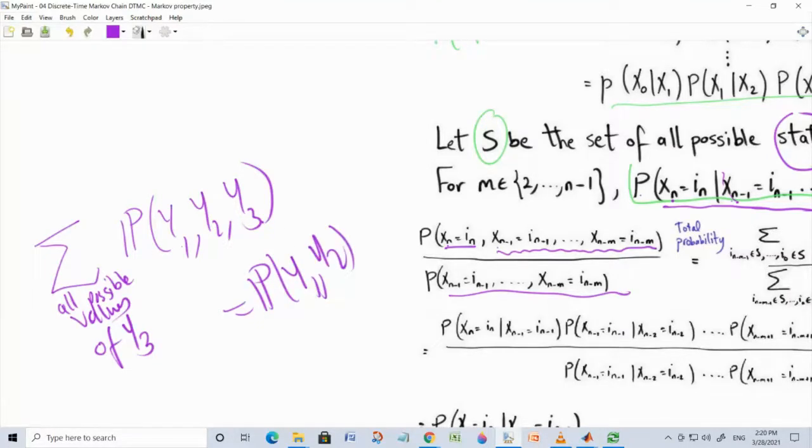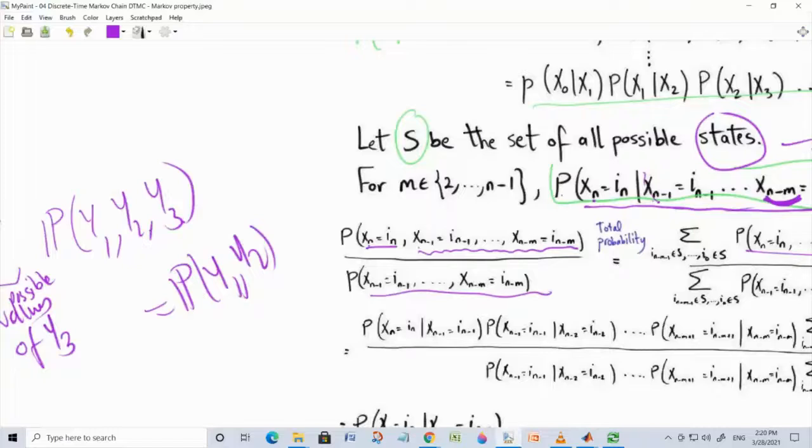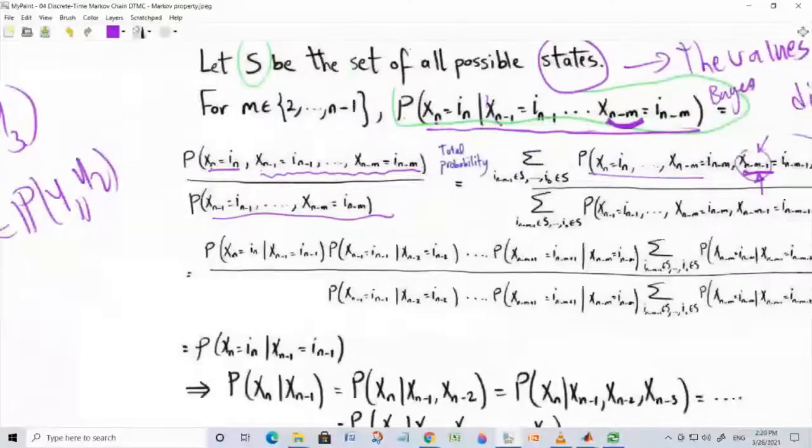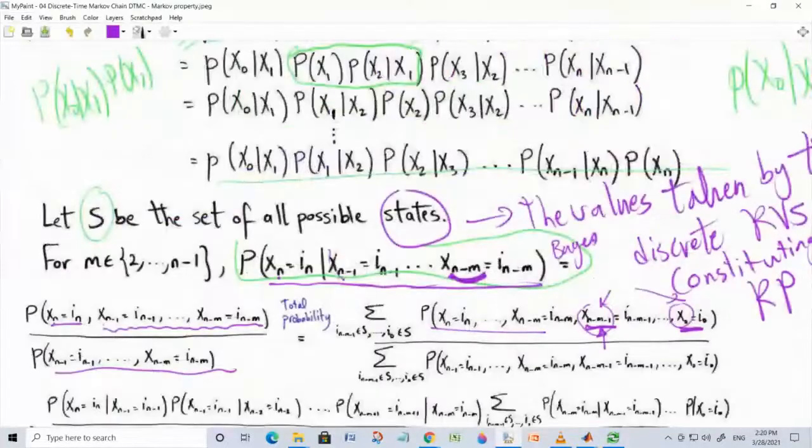You start with the big thing, and you are interested just in the first two guys, so you simply sum over all possible values of the third guy. We're doing summation, not an integral, because by definition a Markov chain means our random variables are discrete. They take values from a finite set or a countably infinite set, which I refer to as big S.